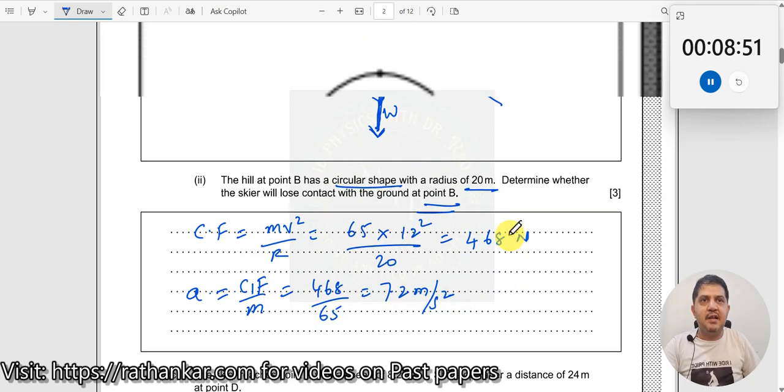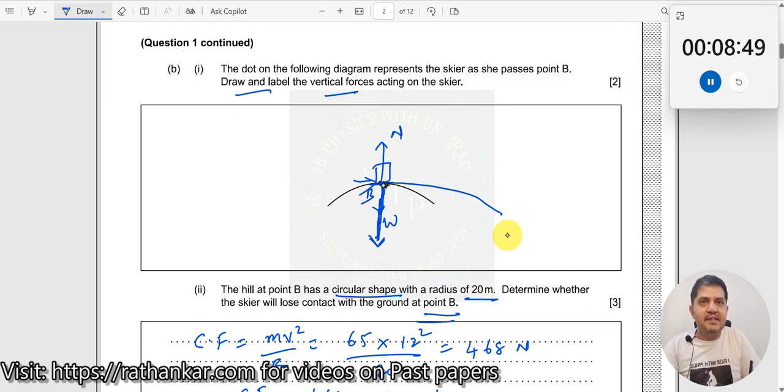Now, what you need to understand here is that if this is 7.2 meter per second square, when it comes here, now what will happen? It will also be pulled like this. If this acceleration is higher than 9.8, then automatically you will start flying over here. If it is lower than 9.8, the person will not fly, but will be sticking to the ground over here.